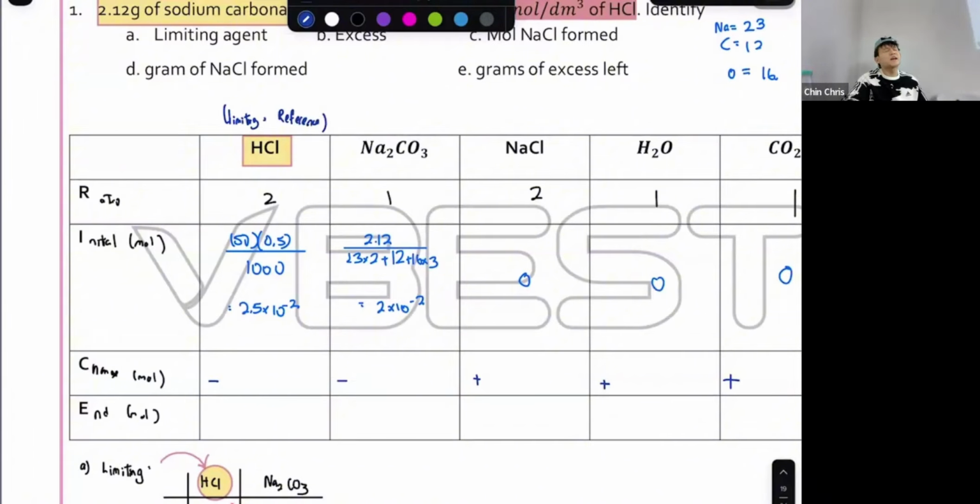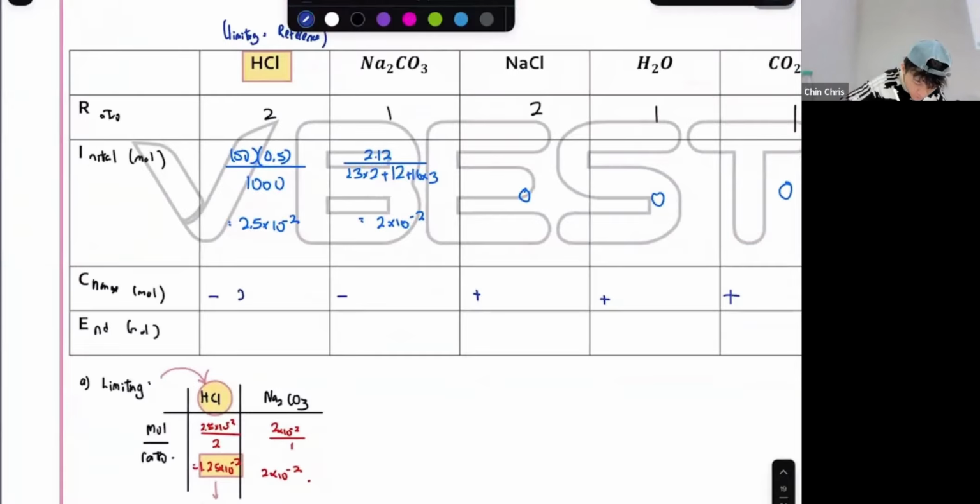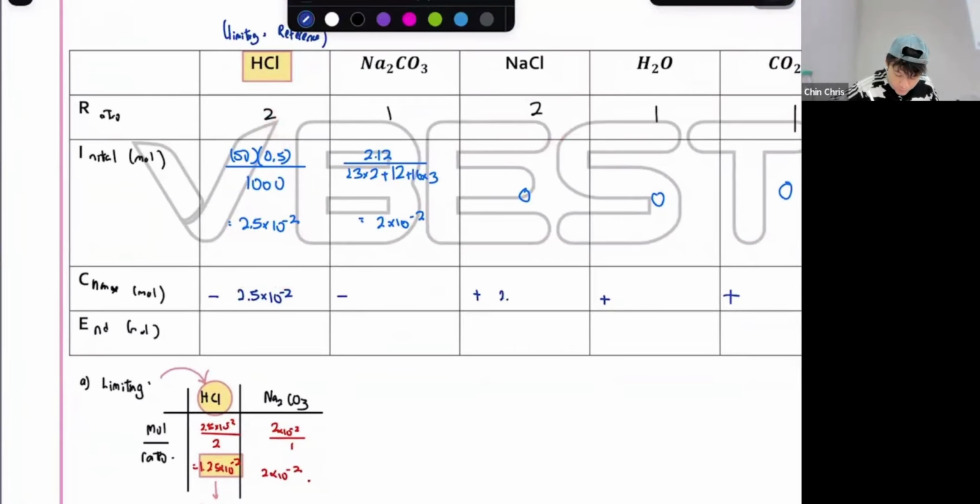So which means HCl is our reference, so all the HCl is going to react. Get me or not? Alright guys, this is the ratio of 2, so any ratio 2 is the same value. Get me or not?